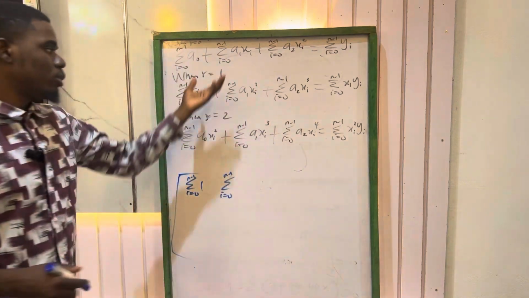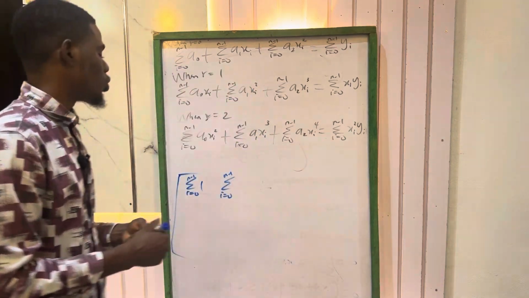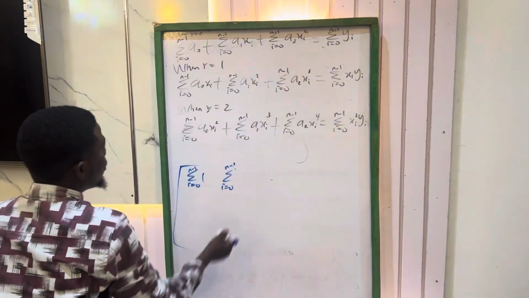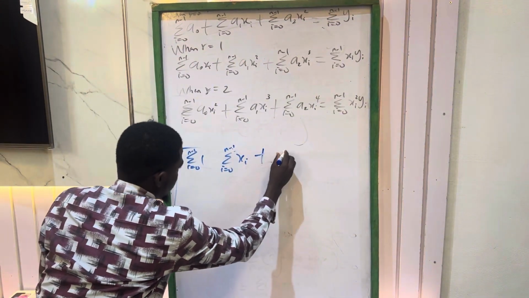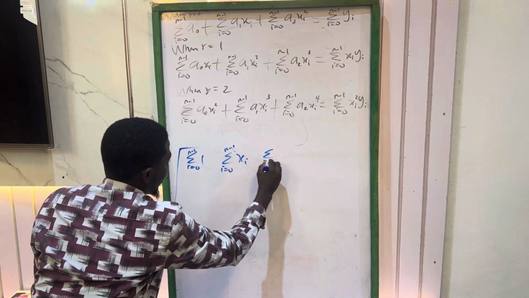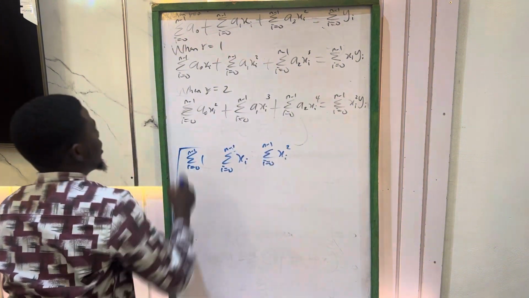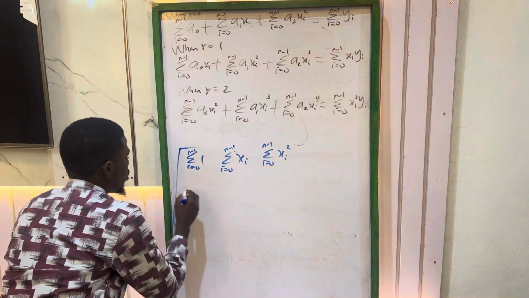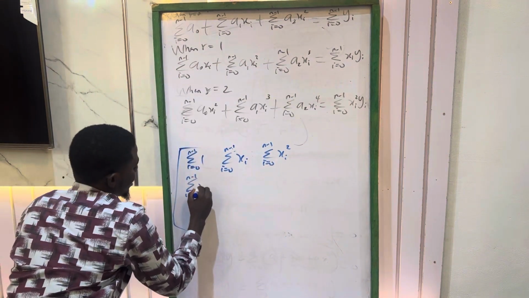You can also decide to just expand this x as x naught, x1, x2, but we're not going to be doing that. So writing this out, we're going to be having m minus 1, and what is left there is xi. Then there's not going to be a plus here rather. So there's going to be the summation of i equals 0 to m minus 1, then we're going to be left with xi squared. Then we'll go to the next term. Remember, we're trying to use a matrix to represent this so we can solve it better. So we're going to have the summation of i equals 0 to m minus 1, then we're going to be having xi here.